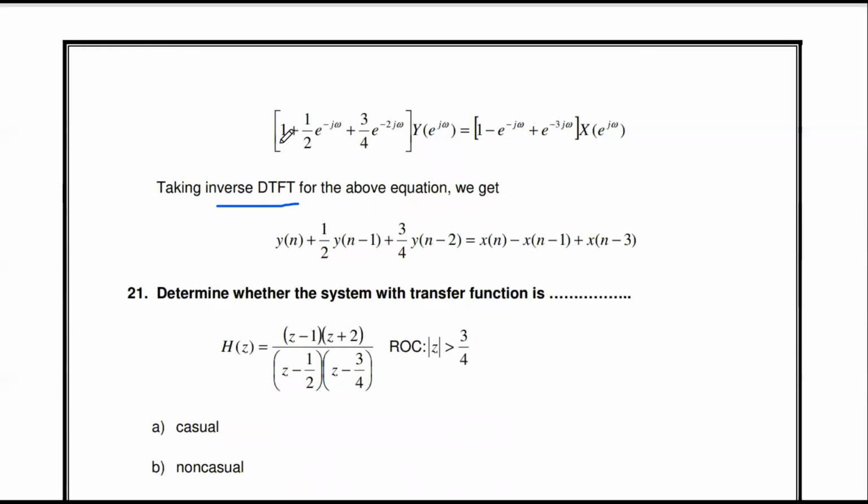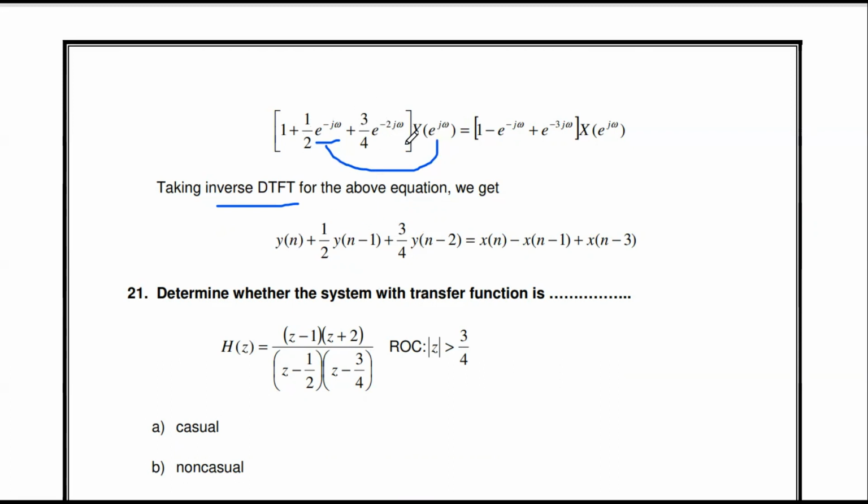So what is the inverse DTFT of the first one? Y of e power j omega means small y of n, plus 1 by 2 into the inverse DTFT of e power minus j omega into Y of e power j omega, which means small y of n minus 1, according to the time shifting property of DTFT.